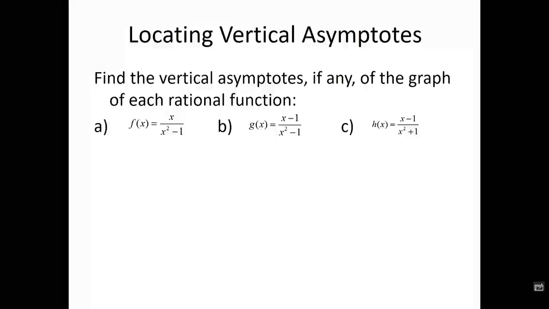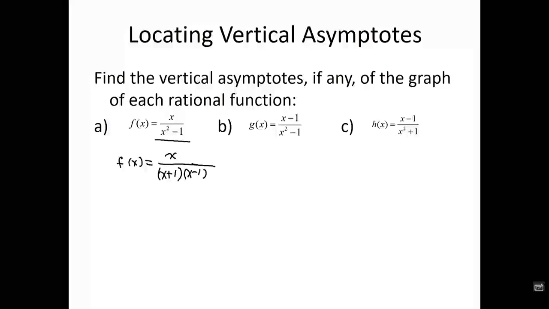So again, we're concerned when we're dividing by 0. If we factor the denominator, we have f of x is equal to x divided by x plus 1 times x minus 1.